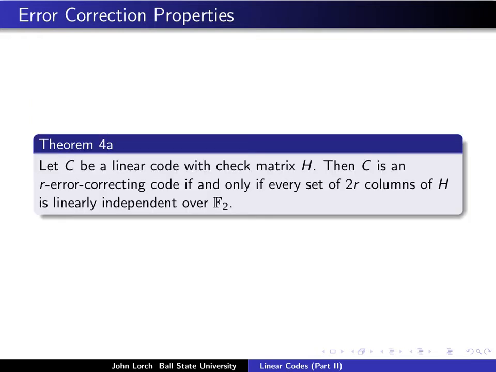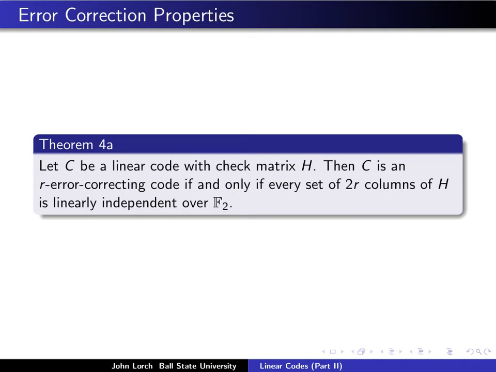Okay, now there's a more general version of Theorem 4. Theorem 4 told us that if you're looking at a check matrix for a 1-error correcting code, you can't have any columns being identically 0, and you can't have any 2 columns being repeats of each other. So those of you who've had some linear algebra, this generalized theorem statement will probably make some sense to you.